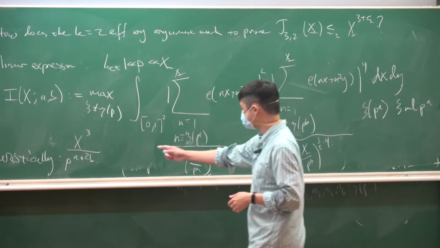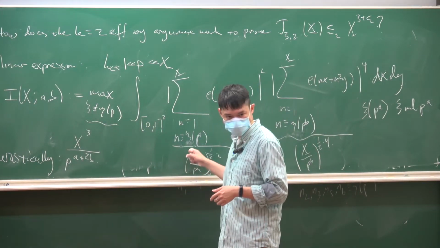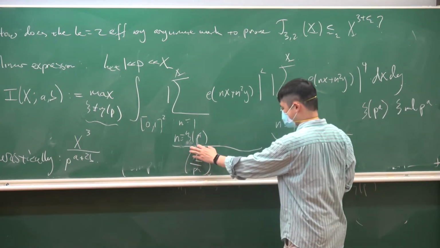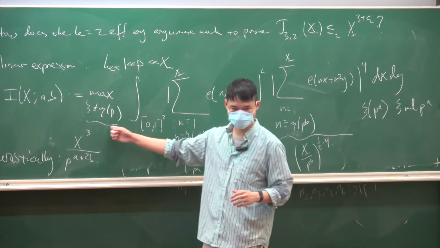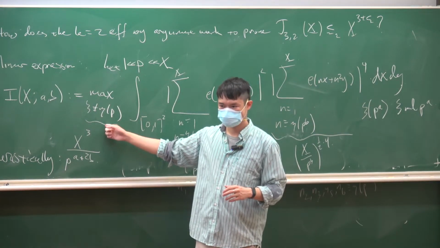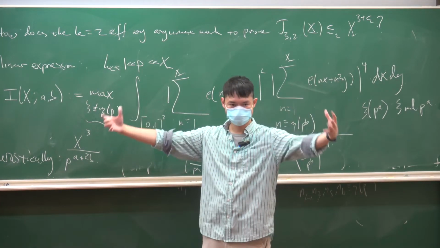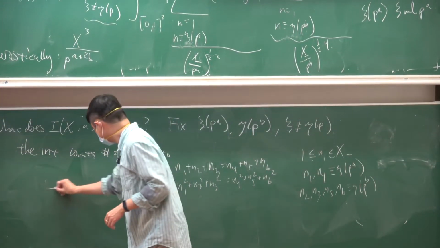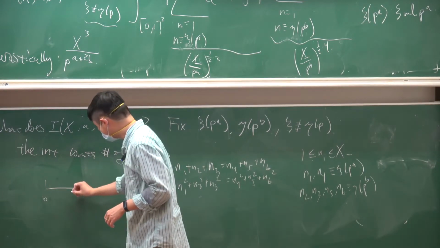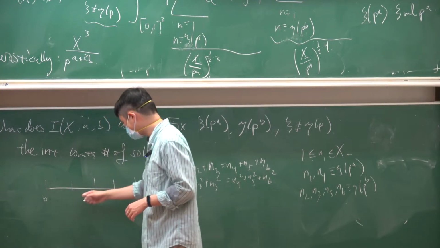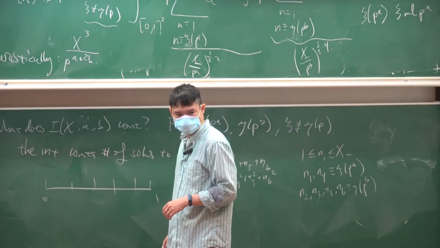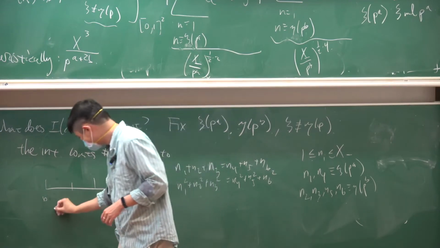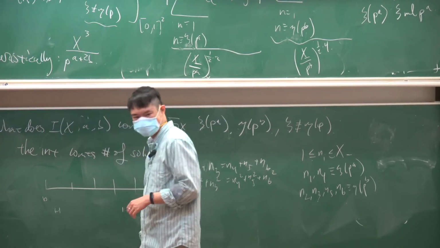I mean, the mod p is just some sort of separation in the p-adic language, right? I just have two residue classes, c mod p to the b, and they're not congruent to each other mod p, right? And so that's some sort of separation. Like if you imagine 0, 1, you chop it up into intervals mod p, and so now I have an interval of length p to the minus a and of length p to the minus b.